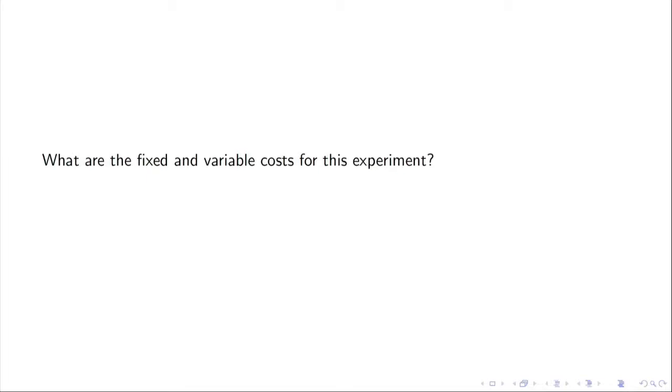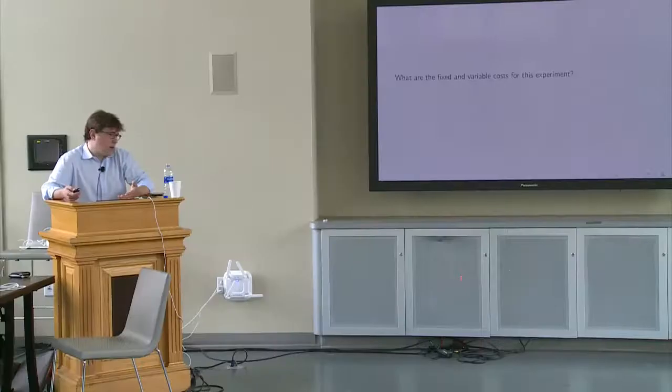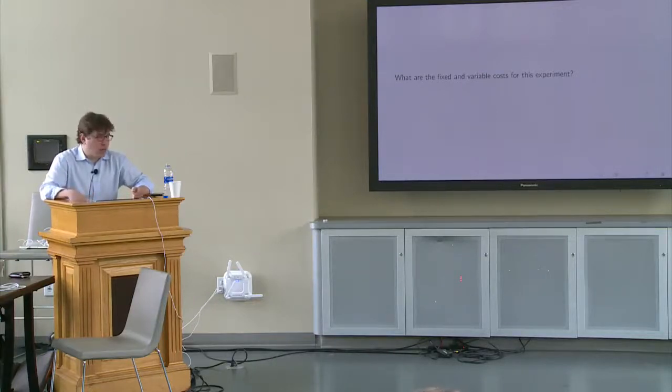But that does not mean it's free to the world. If you do an experiment like this with 100,000 professors, and let's say it takes 1 minute per professor to answer this email, then you are imposing a cost of 100,000 minutes on society. So in other words, when you think about costs, don't just think about cost to yourself. Think about costs to other people as well.